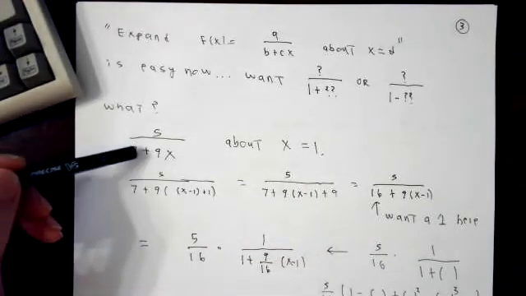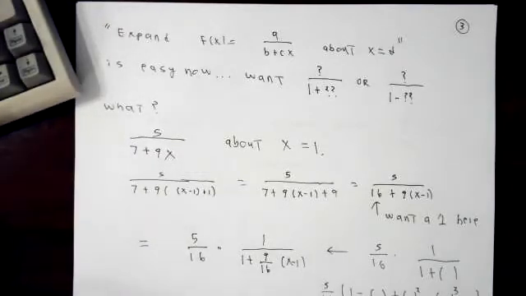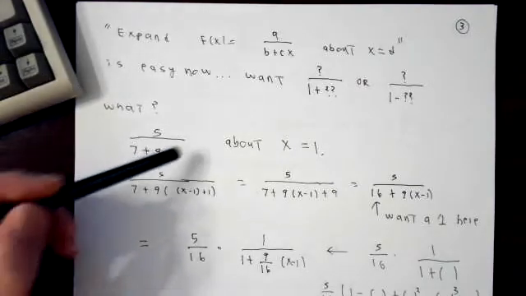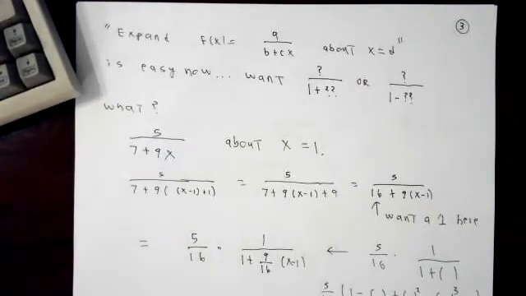If I had a 1 here instead of a 7, then this would make me think of those formulas that we just mentioned a moment ago. There is a problem, though. I want to center my power series at x equal 1, which means I need to have x minus 1s in the power series, and there's no x minus 1 in this.